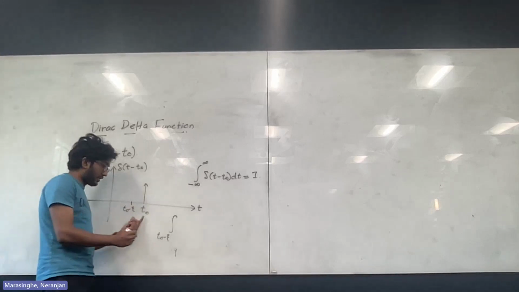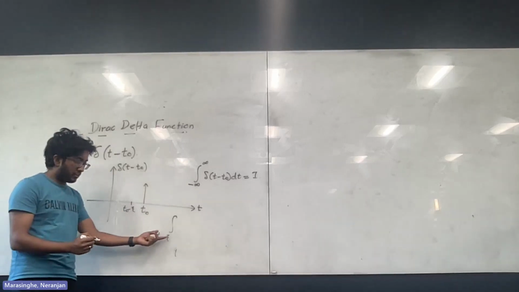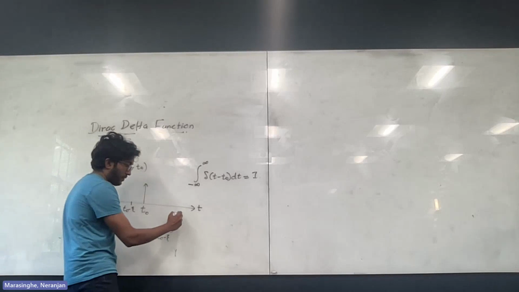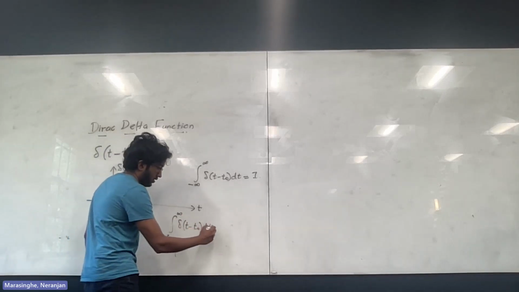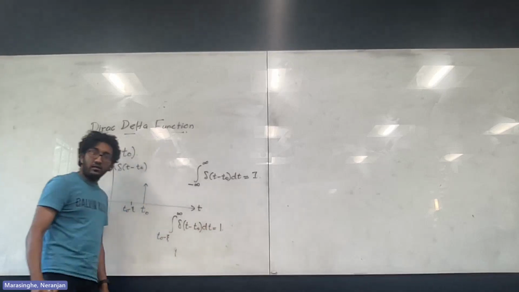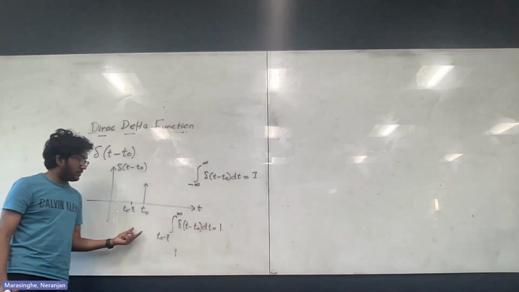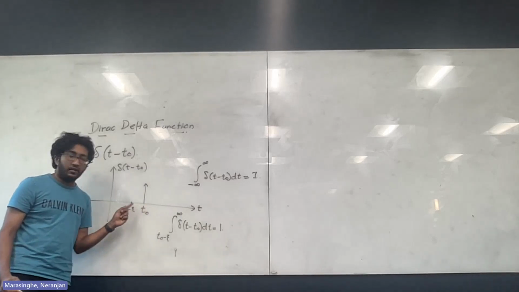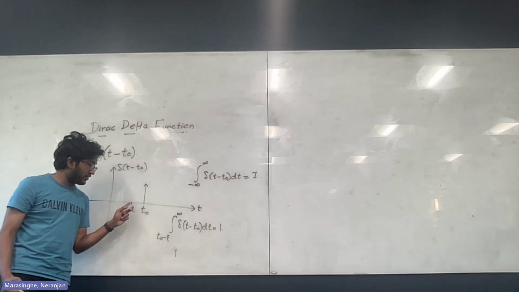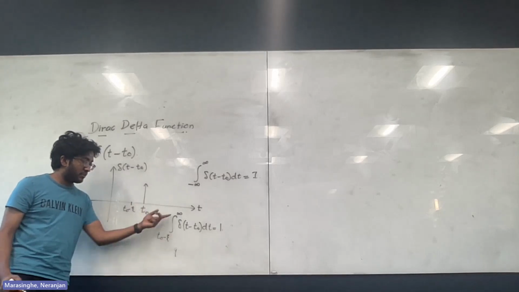So that means if I integrate the delta function from t naught minus epsilon to infinity, you would get 1. Okay, so you need to check whether your spike belongs to the region of your integration, right? In this case, I'm going to integrate this function from t naught minus epsilon to infinity.